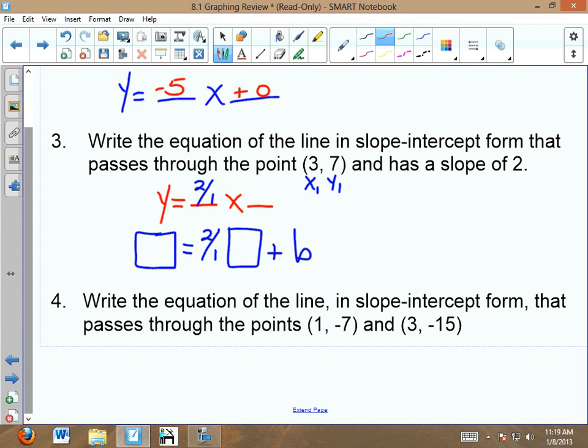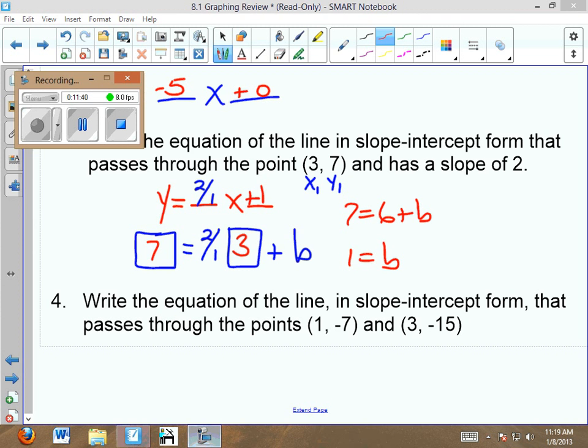I'm going to substitute my y with a 7, so I put my boxes, and my 3 for my x, and then I solve. So 2 over 1 times 3 is really 6 over 1, or 6. So 7 equals 6 plus b, 1 equals b plus 1.